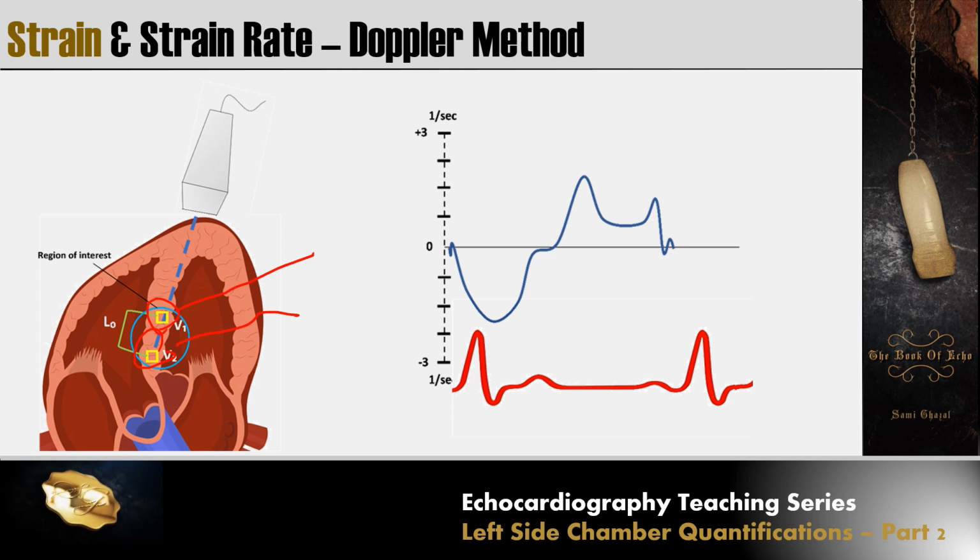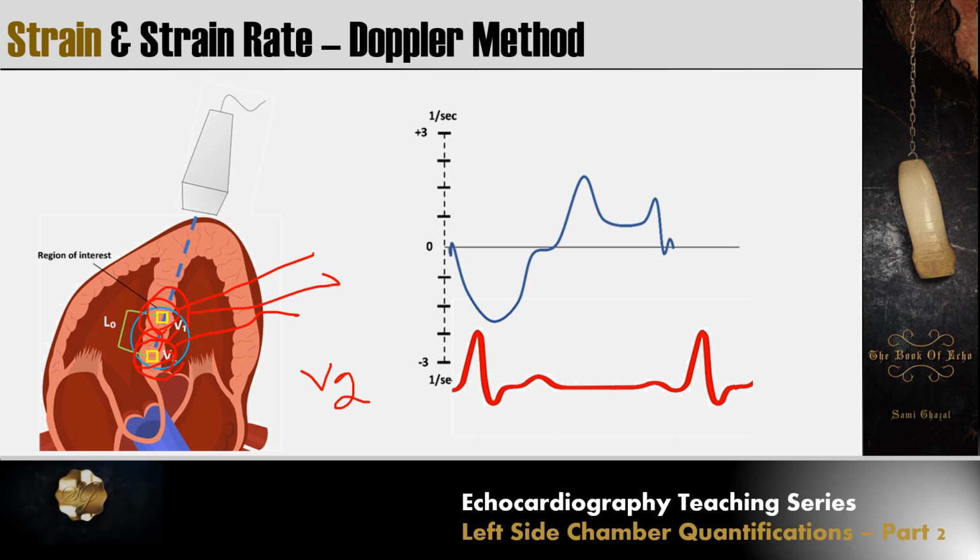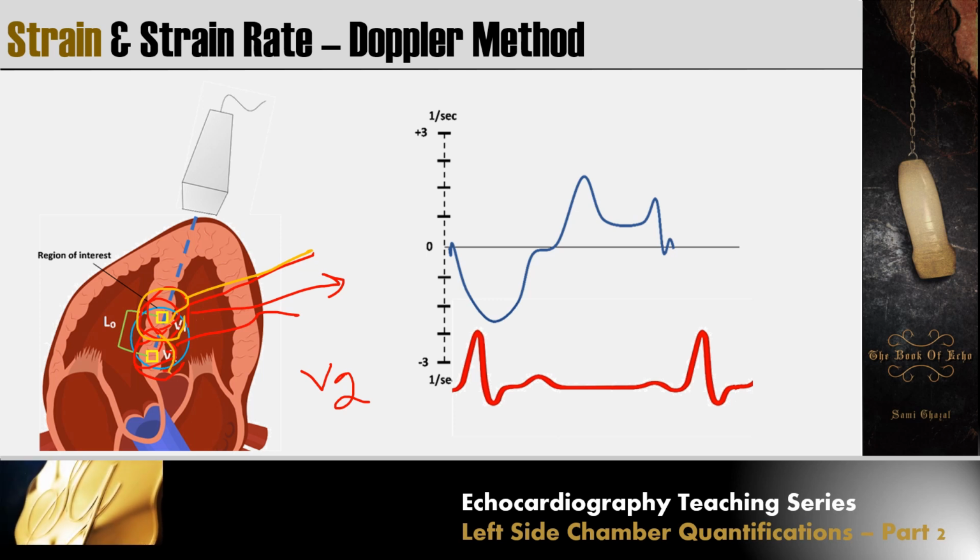You have a segment here, this V2 segment, is akinetic, is a dead segment, and V1 is a normal segment. Okay, so when this segment contracts, it will pull this segment here, V2, along with it.